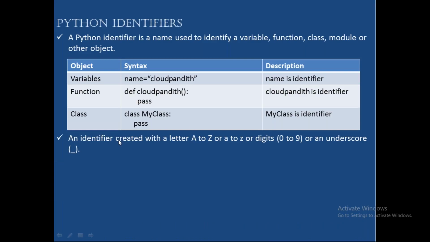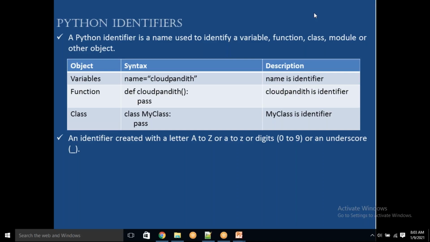See, an identifier is created with a letter, capital A to Z or small a to z, or digits 0 to 9, or an underscore. Okay, you need to use only these characters to create your identifier. Understood? With this, can you tell me, is it possible for me to create the name dollar name?